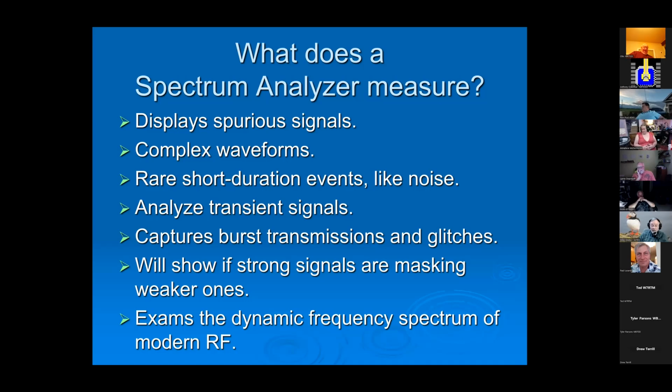Remember, the spectrum analyzers you get today work digitally. It's a digital scope. So once you capture something, you can freeze it, you can save it to memory, and later on you can pull that memory image back up and look at it again.